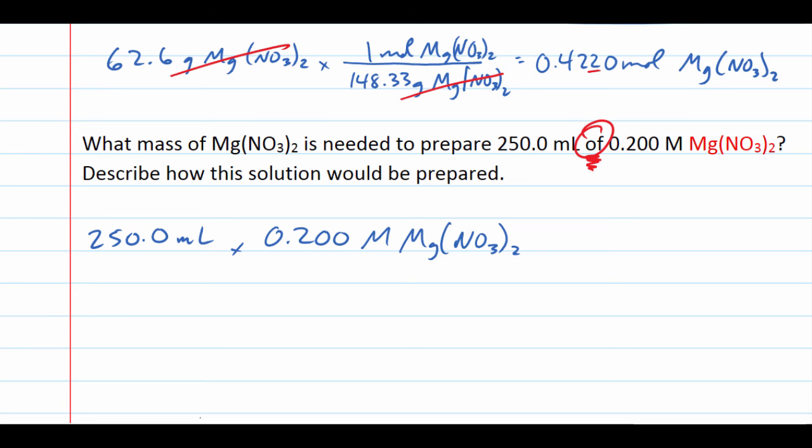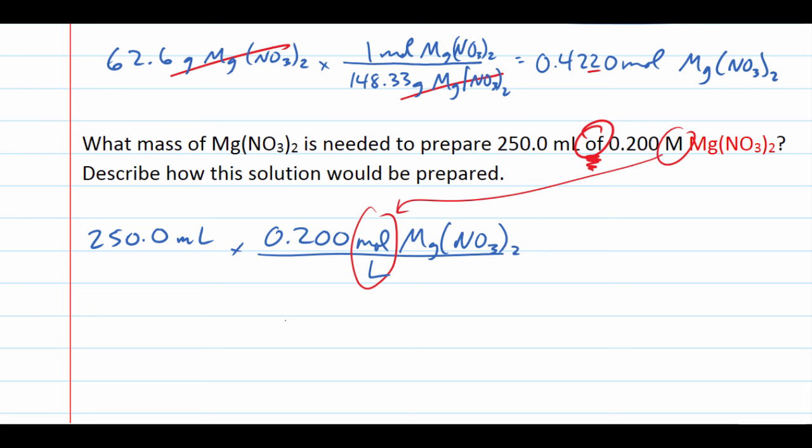We're going to get a mass out of here, but we're not going to get anything for the mass. So we need to remember how these things are defined. Big M here stands for moles per liter. So again, we are making the substitution where big M stands for moles per liter.